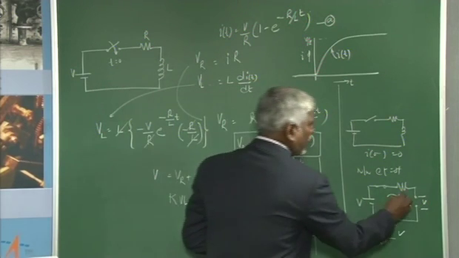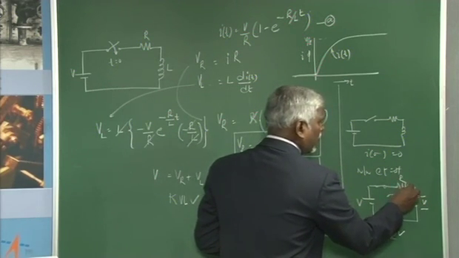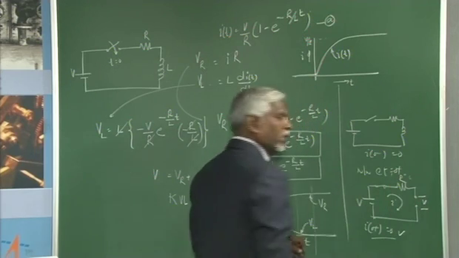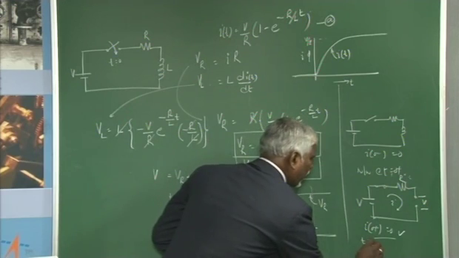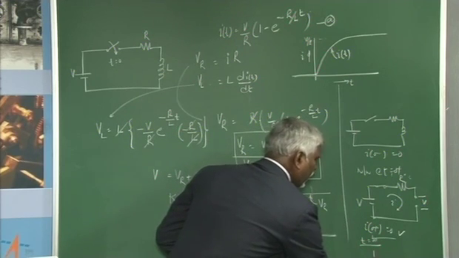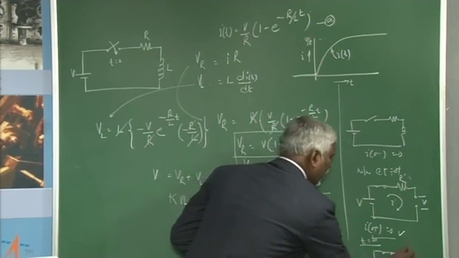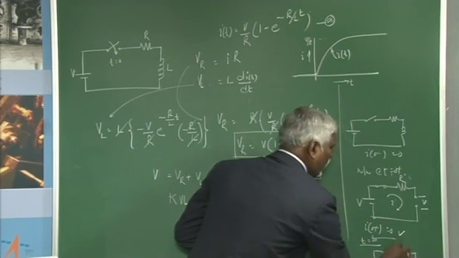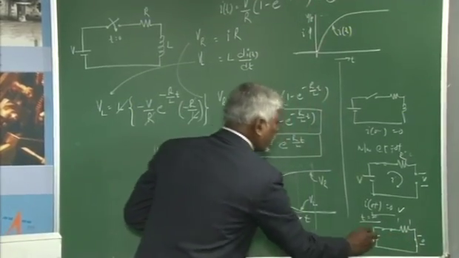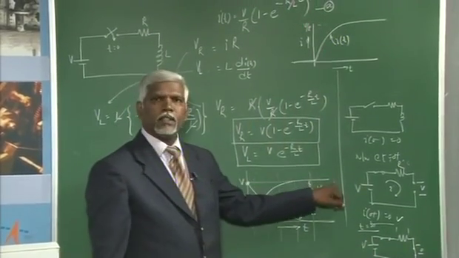But because the current is not there, R is there, the voltage across this is 0, that is what is said here. If you just say at t equal to infinity, the switch is closed, the inductor acts as a short, voltage across the inductor is 0, voltage across the resistor is nothing but your supply voltage V, that is what we can see here.